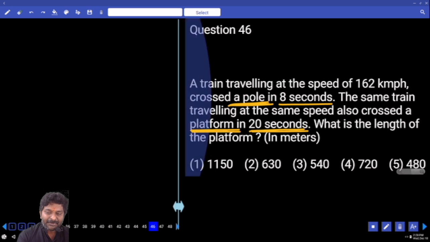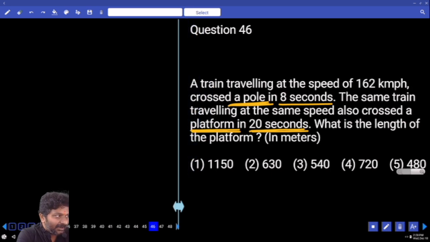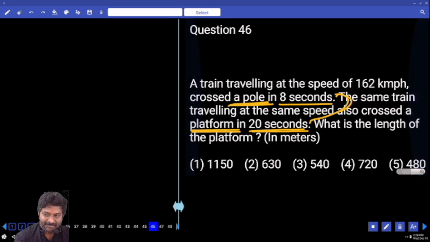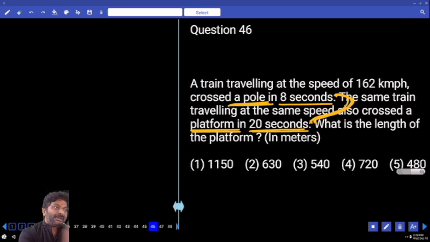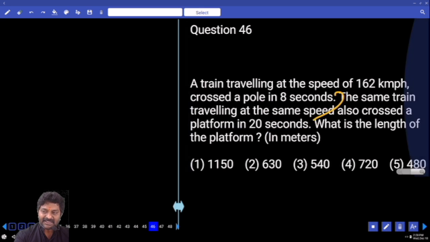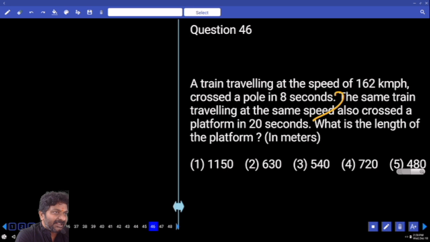If it crosses a platform, it covers train length plus platform. How much extra time is it taking? Why is it taking an extra 12 seconds? Because of the platform. So in 12 seconds, whatever distance it covers is going to be the platform length. Am I right?